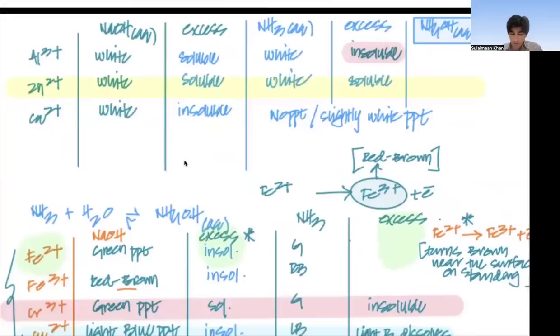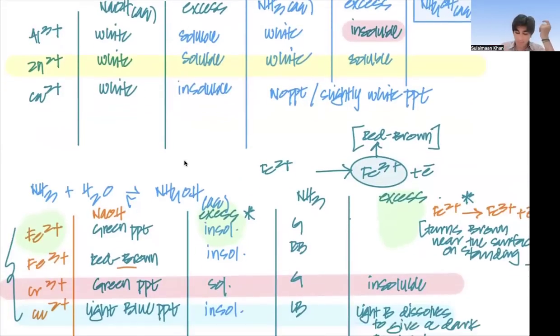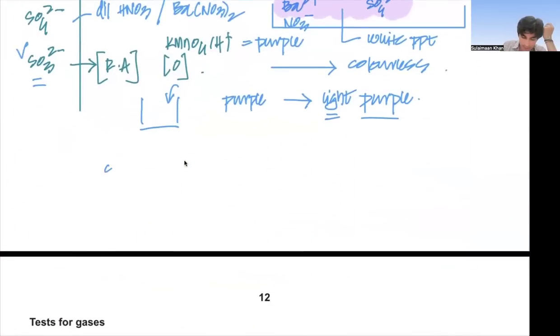One more thing, whenever it's a hydrated salt, water will always evaporate on heating. Let's suppose you have copper sulfate .xH2O, with some water molecules bonded to it.